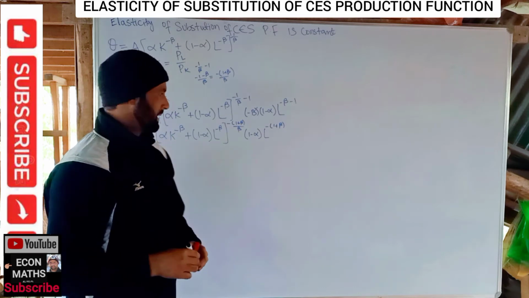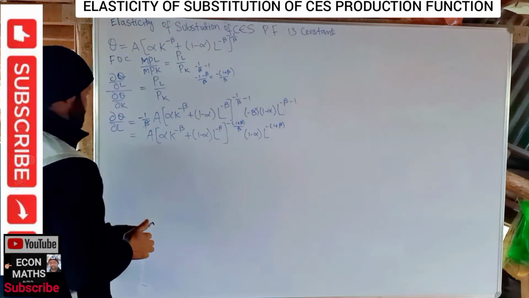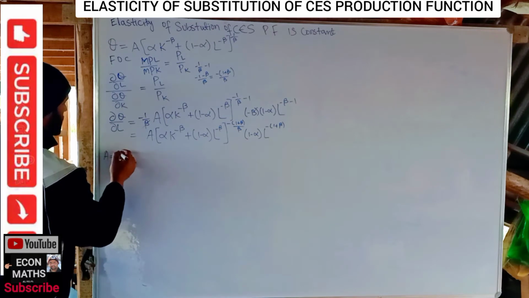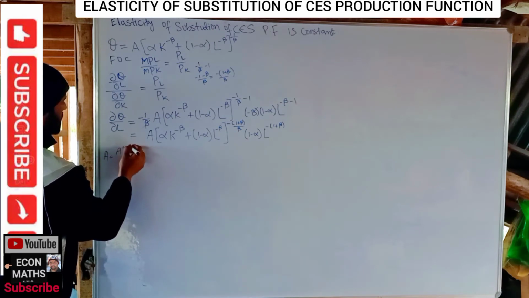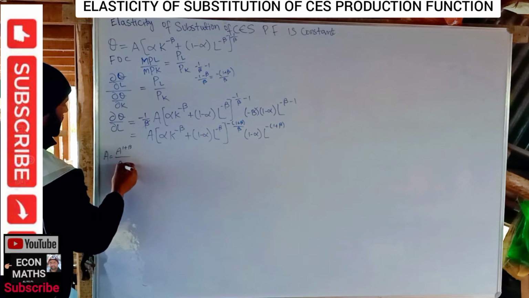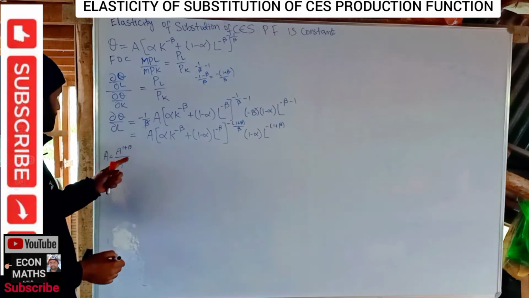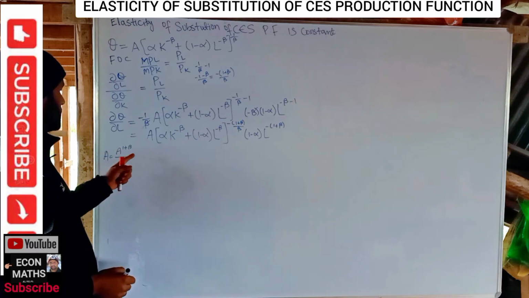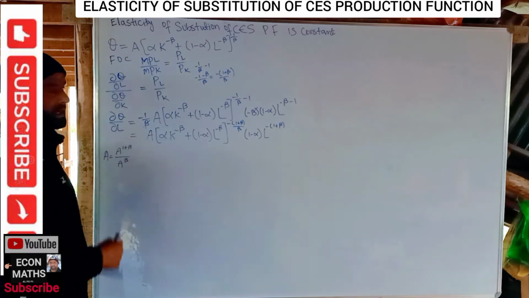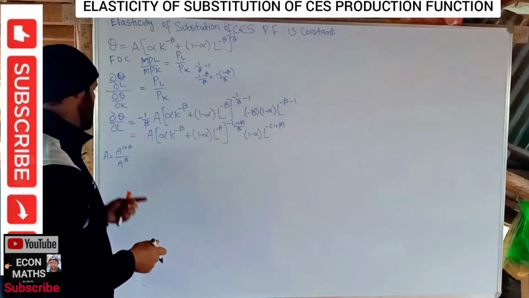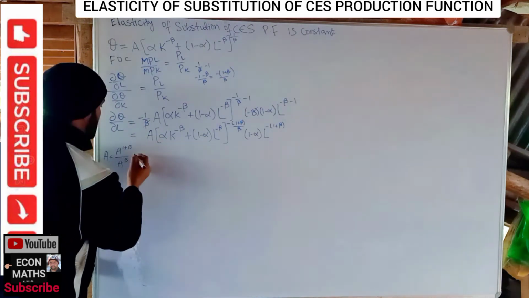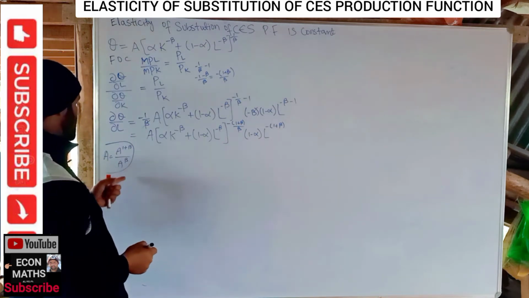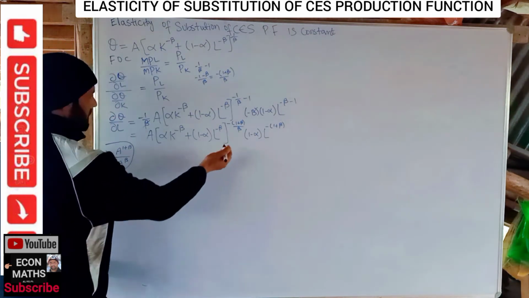Okay. Now what will we do? In place of A we can write A = A^(1+β) divided by A^β, because A^1 times A^β divided by A^β, the A^β and A^β get cancelled, and we get A. So this is how in place of A we will write this expression.